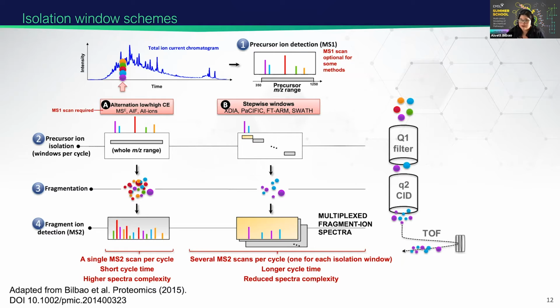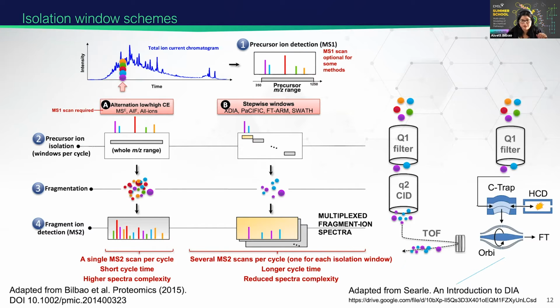In terms of the instrumentation, there are two main instruments. One uses a time-of-flight instrument, so it has a quadrupole isolation window, and then the fragmentation cell, and then the time-of-flight type of detector.